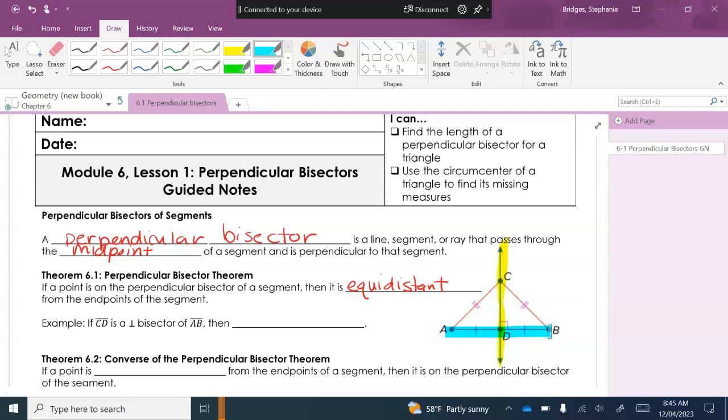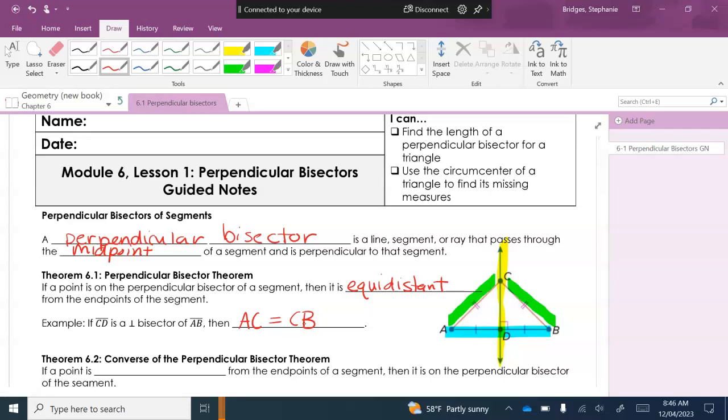That D is in the middle because of those 2 congruent markings. Do we see that in the picture? What that means then is that the distance from A to C, so AC, is going to be the same as CB, or is going to be equal to CB. The length of AC is going to be equal to the length of CB.